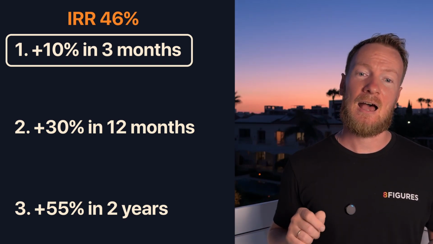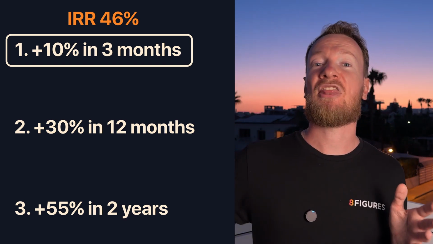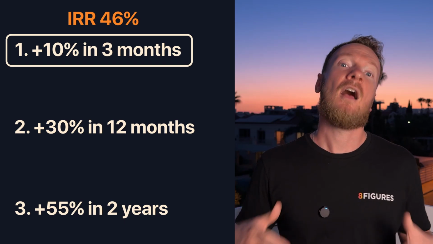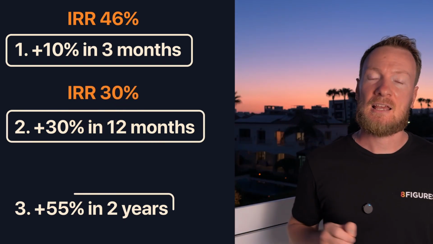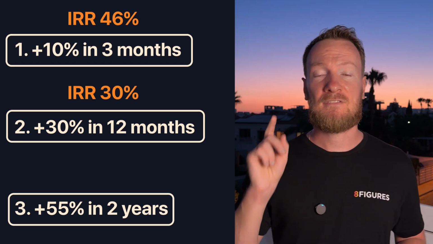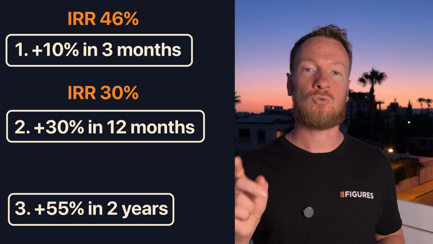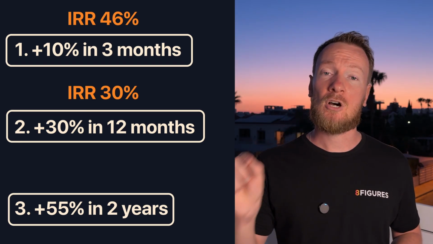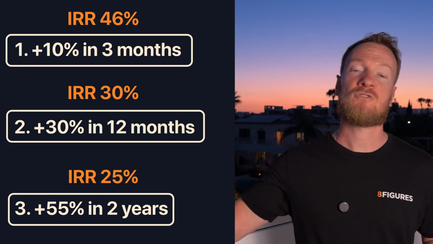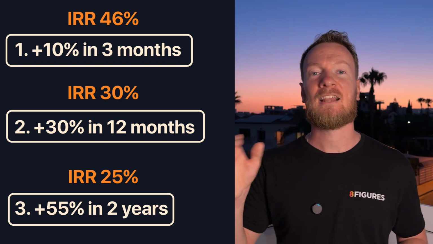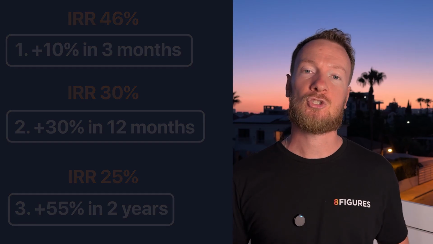The second stock, since it was up 30% in a year, the IRR would be the same 30%. And the third stock that is up by 55% in 2 years would have an IRR of only 25%. Again, because of the compounding, it's slightly less than 55 divided by 2.